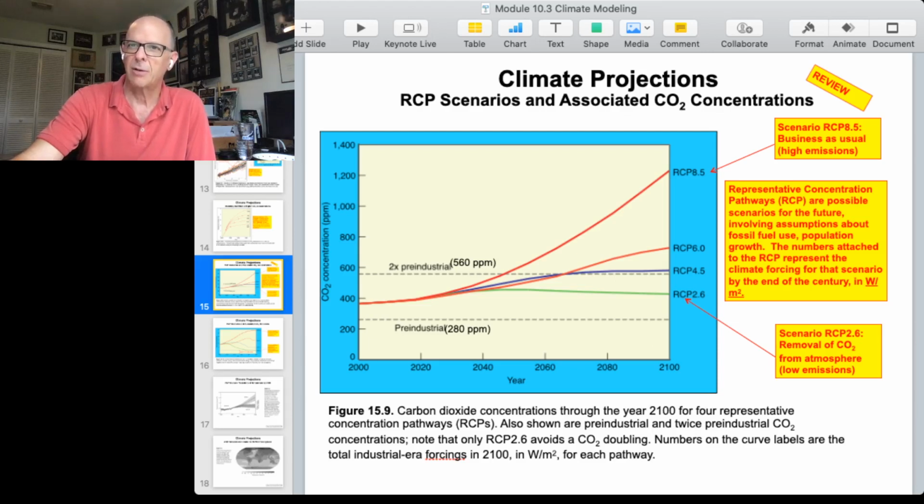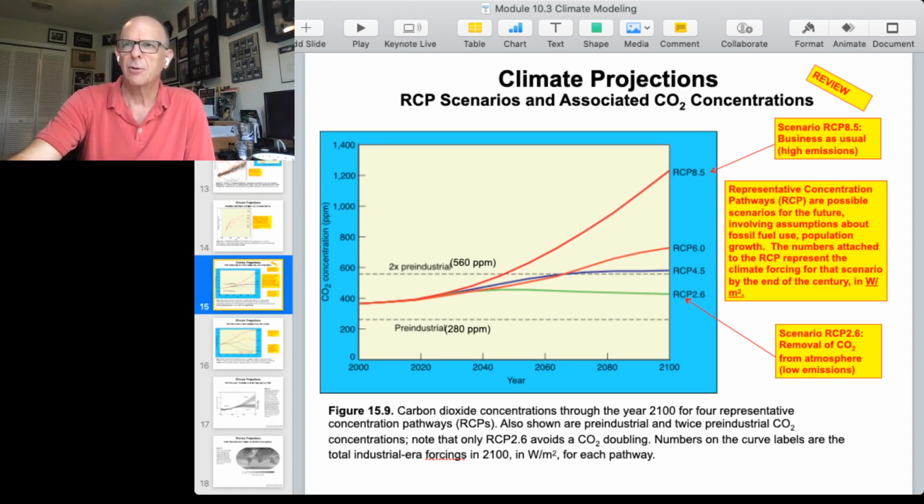RCP 4.5, an additional 4.5 watts per square meter. And to stay at this low level here, the RCP 2.6, which you see corresponds to about 400 parts per million in CO2, which we're already past, requires active removal of CO2 from the atmosphere in addition to not putting any more in. If we don't do anything to mitigate things, we're looking at RCP 8.5, continuing high emissions for a long period of time.